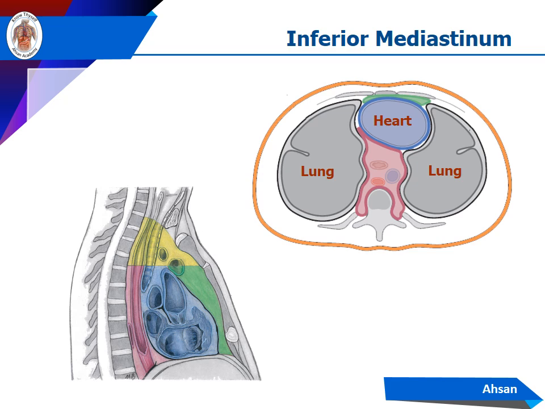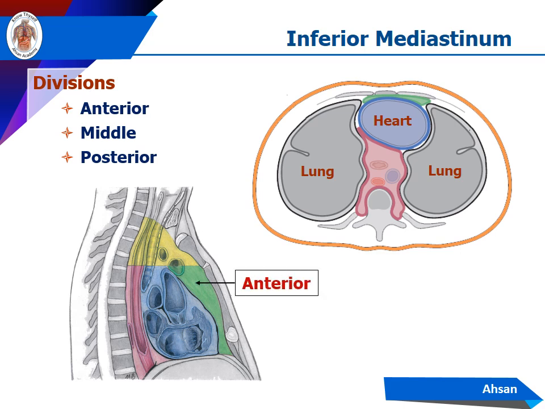So it is divided into anterior, middle, and posterior mediastinum. The middle mediastinum contains the heart and its covering. The anterior mediastinum is in front of the pericardium, and the posterior mediastinum is behind the pericardium, which is the covering of the heart.